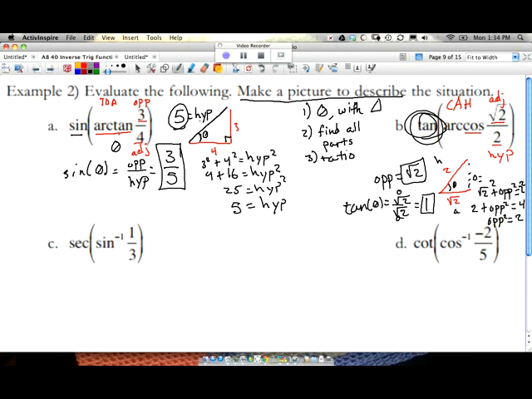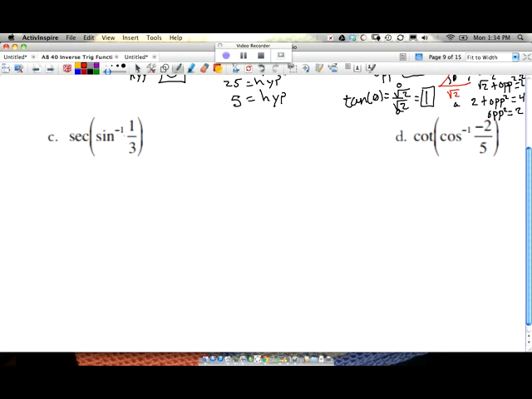Here's one that's going to be a little more sloppy. Not too big a deal, but, you know, a little bit. So let's give ourselves some space. So I'm looking at sine inverse. And if this is sine on the inside, that means that 1 is the opposite. How do I know that?